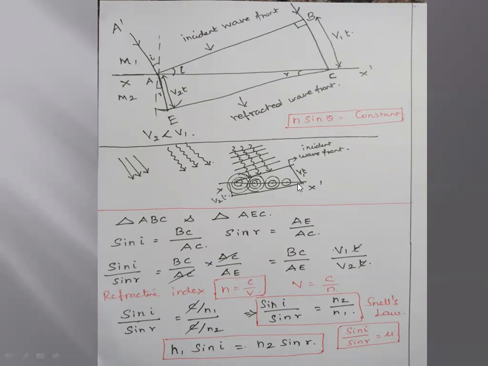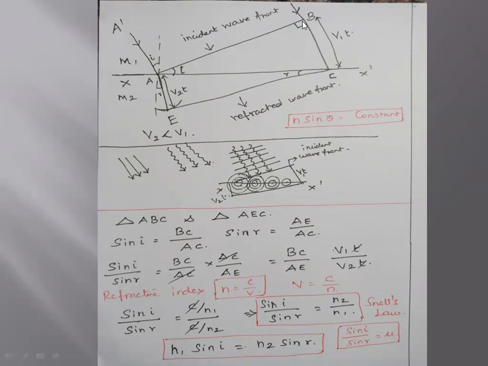We have already seen how we can determine the distance of a wave. Distance d is equal to v1 into t. v1 is the speed in one particular medium, into the time taken. So that is the distance which it can move over here. That is what I have written here. To reach from B to C, the distance will be v1 into t.